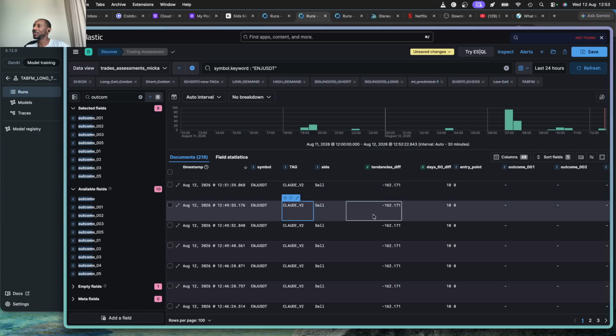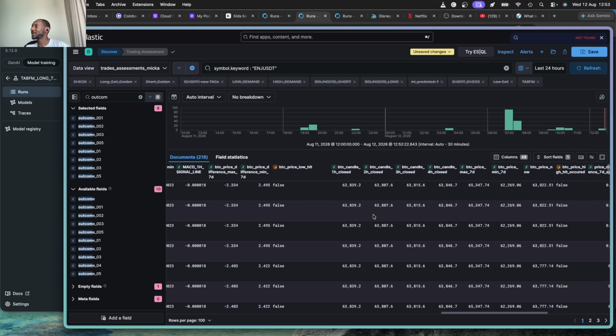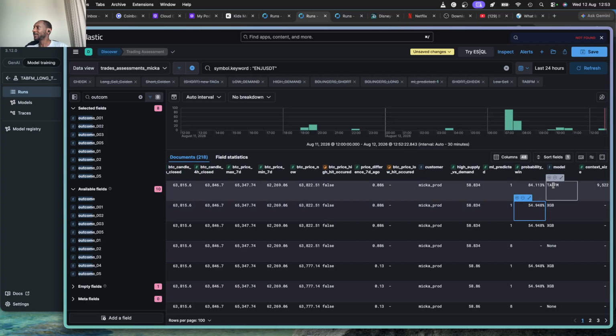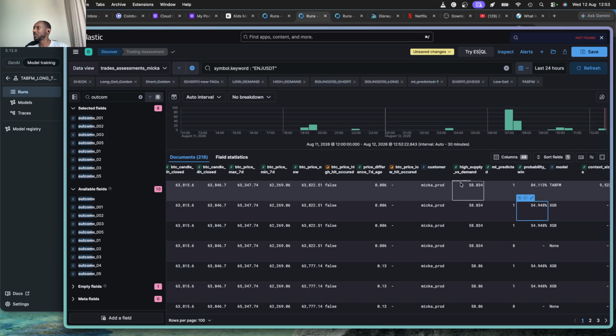Using the same algorithm and the same data set, XGB has it as a win at 54%. It says win, but it's not an overwhelming win. But TabFM has it as a really strong one, and you can see the context window here again.